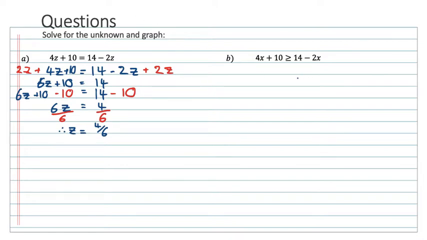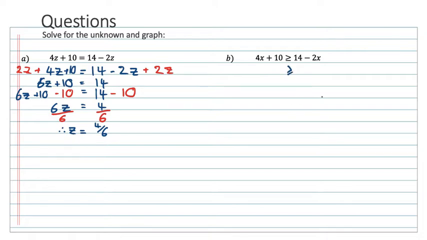Now, on the right hand side, 4x plus 10 is greater than or equal to 14 minus 2x. Well, I've already solved the equation model that looks very similar to this. So let's see if I can do all the same rules that I've done to the equation and do it to the inequality, and we'll see if it works out. So first, let's try and isolate the x.